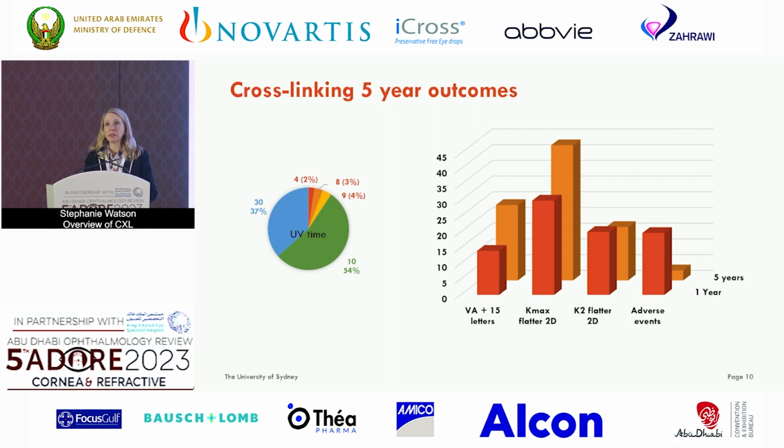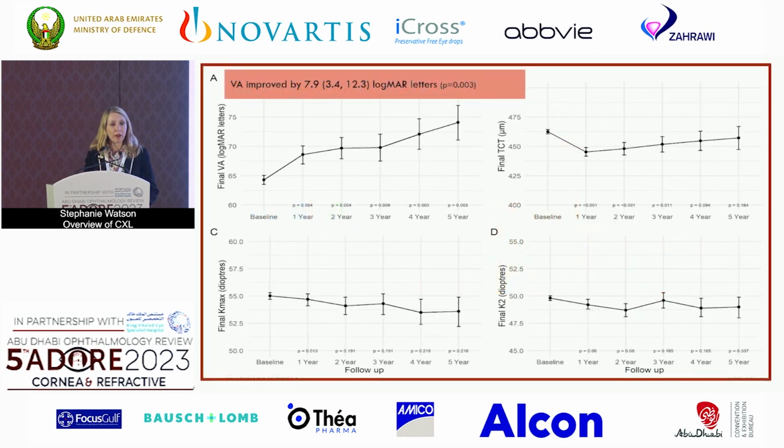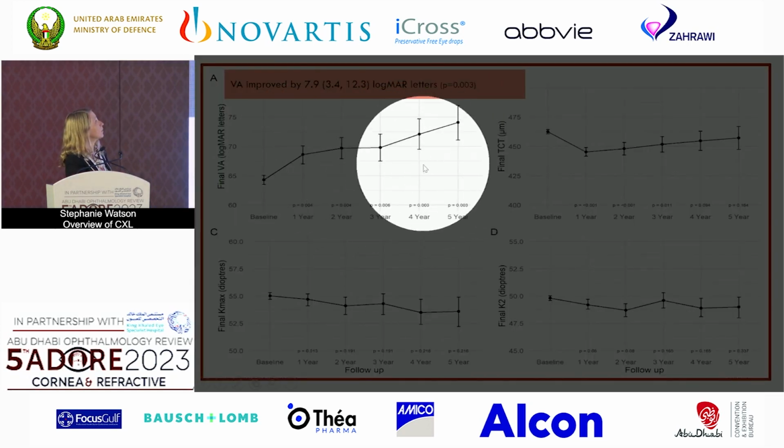The keratometry was stabilised, but there was also some continuing flattening over time, and most of the adverse events occurred within the first year. So there are very, very few late adverse events. This is showing what happened over time, and you can see in the graph here that there's this gradual improvement in vision.